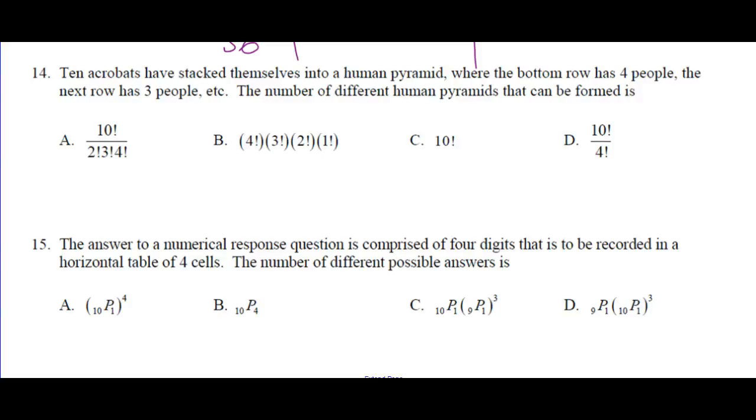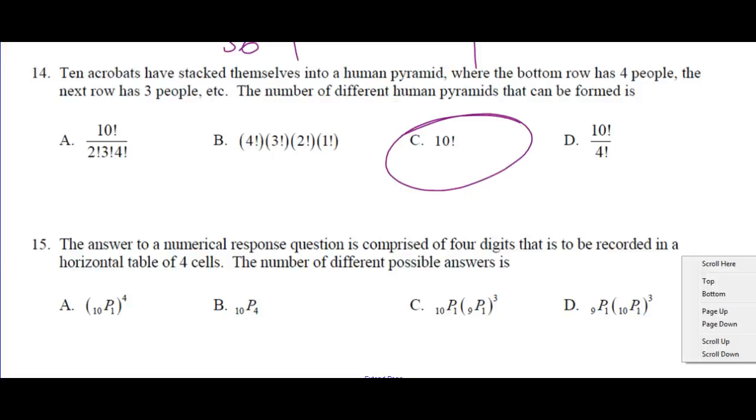Okay, 4 choices. 10 acrobats stack themselves into a human pyramid. Bottom row has 4 people. Next row has 3, etc. Number of different human pyramids that can be formed. So, what is it? Does it matter if they're 4, 3, etc., or if they're all in a row? So how many ways can we arrange these 10 acrobats? 10 factorial ways.